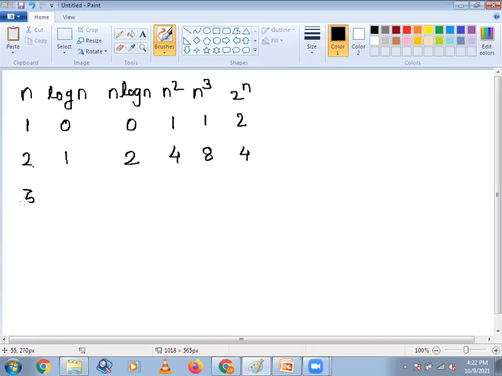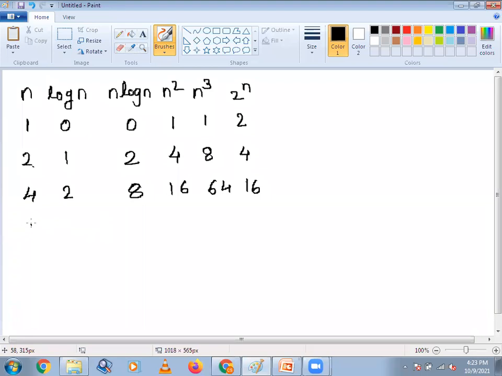Then n is equal to 3, then n is equal to 4, log n is 2, multiplication of these two 8, then square of this 16, then cube 64, then 2 raised to 4, that is 16.